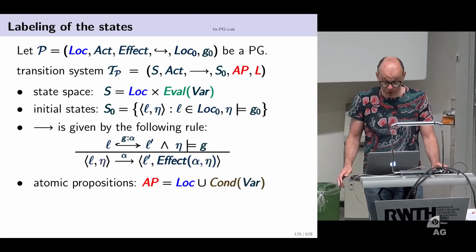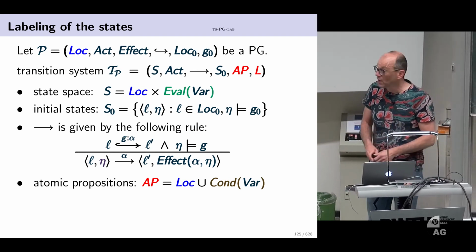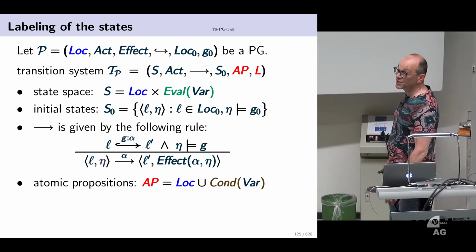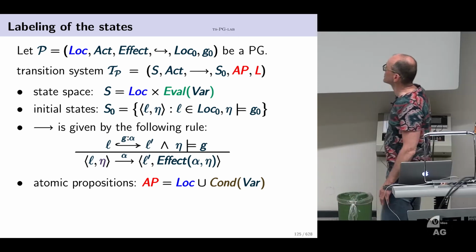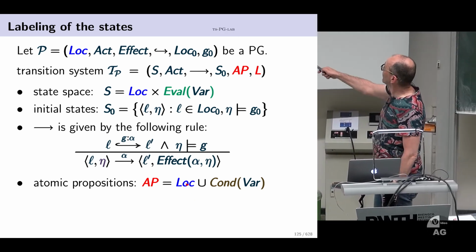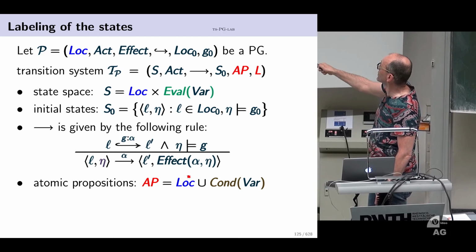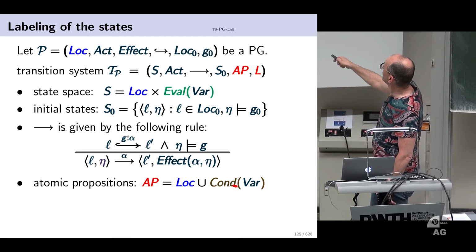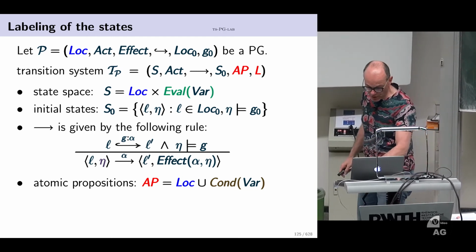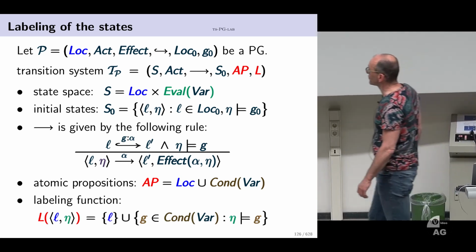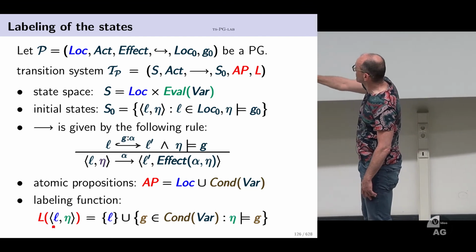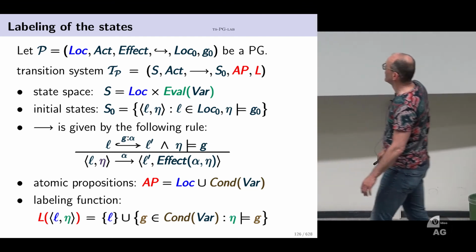Last part, what are the atomic conditions or propositions? Well, that's, I would say, debatable. There are different ways to define this. In this slide, I said, let's suppose that I can define what is the current location, and maybe we have conditions over the variables. And then you have a labeling function. The labeling function takes a state of the transition system. Remember, these are pairs.